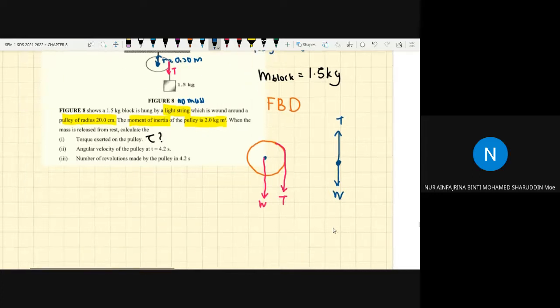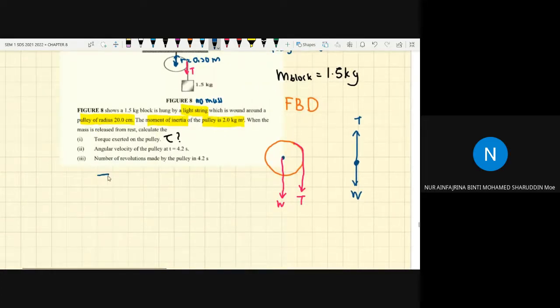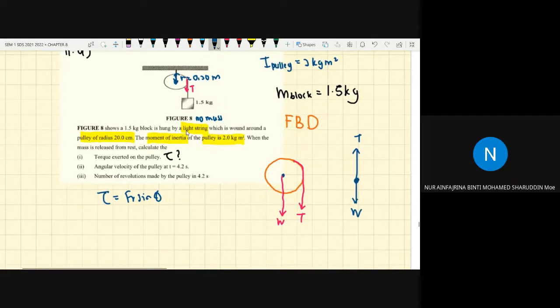Sekarang boleh je awak nak pakai torque equals to F R sin theta, tetapi awak tak tahu tension awak berapa. Nak tak nak awak kena cari juga tension. So apa yang kita akan buat now is a bit mathematic lah. Sebab sistem ni is moving. Sebab apa kita tahu dia moving? Sebab dia cakap mass is released from rest.